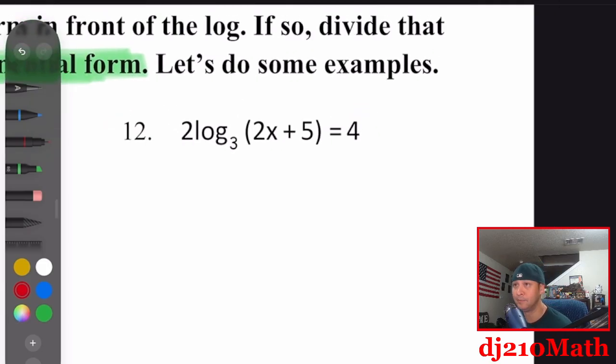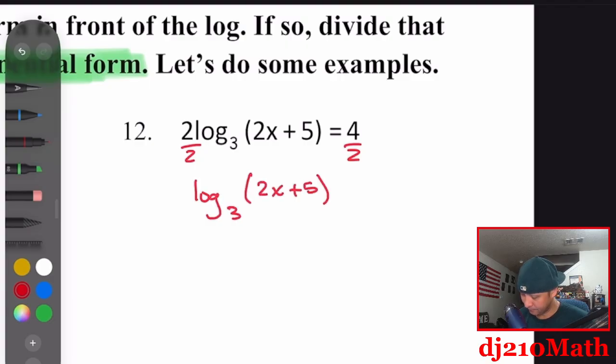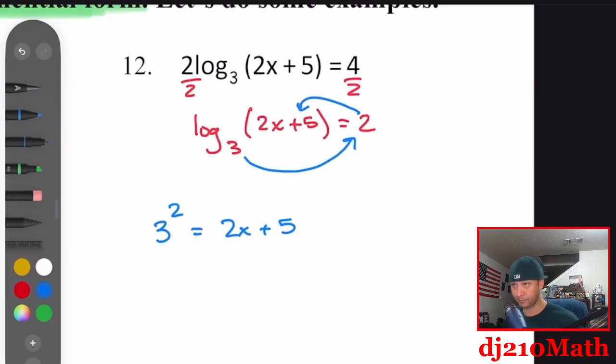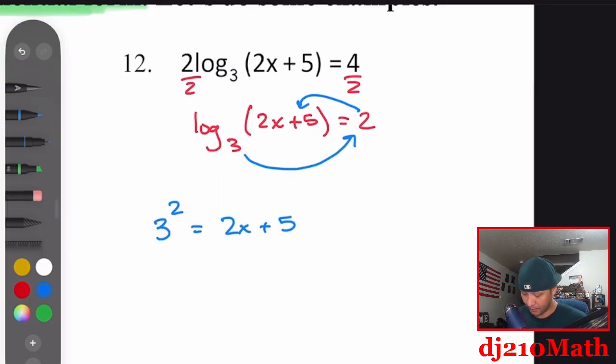12. Okay, isolate the log, divide both sides by 2. It's kind of nice. Log base 3, 2x plus 5 is equal to 4 divided by 2 is 2. Okay, log's all by itself. So solving this, 3 squared equals this, 2x plus 5. 3 squared is 9.